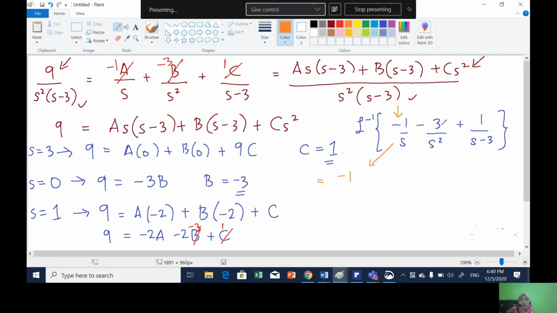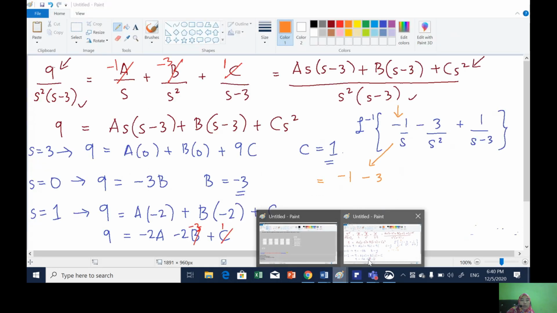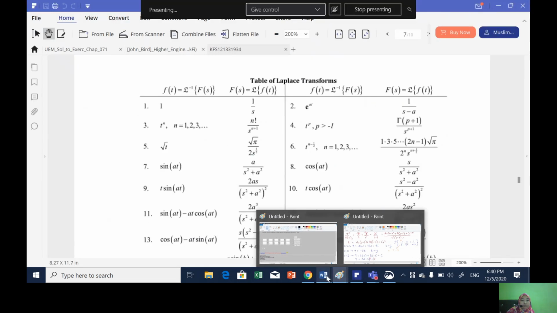Next, negative 3. Take out negative 3. So the inverse of 1 over s squared. It goes to s squared, which is similar to this number 3, but it has a power.